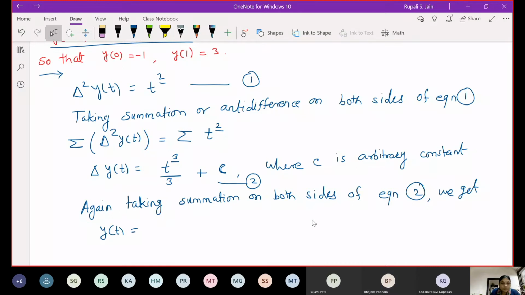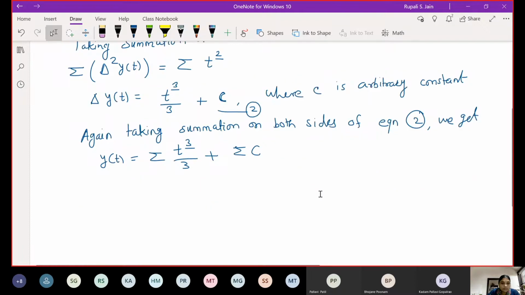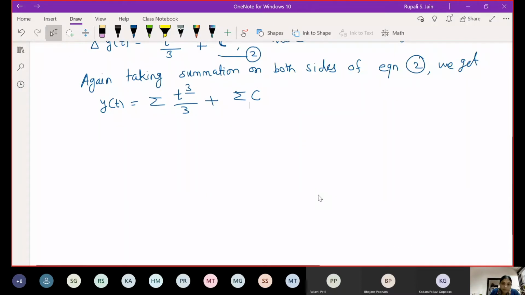Y of t is equal to, now if I take summation on both sides, it will be summation t to the 3 falling divided by 3 plus summation constant C, right? And plus some constant of integration D, right? So what is this by formula again?